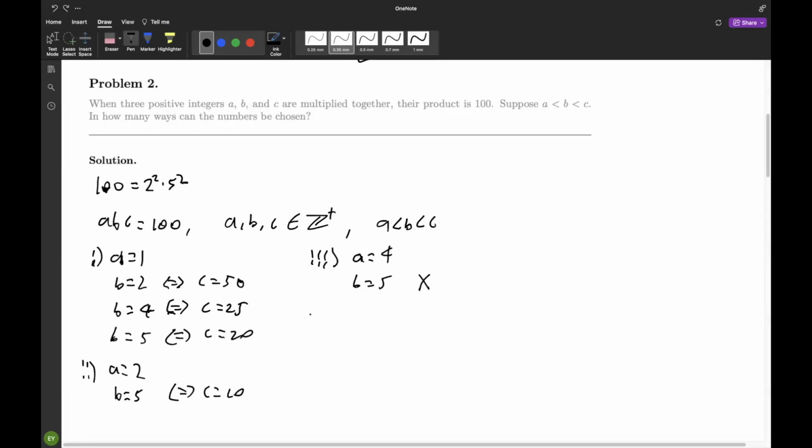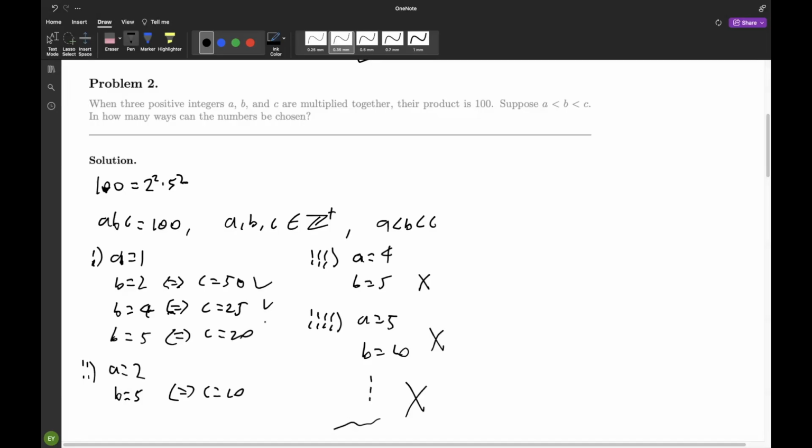The next case is when a equals 5, but in this case, b must be equal to 10, right? And from here, it doesn't work because c must be 2. And we know that the other cases will not work too.